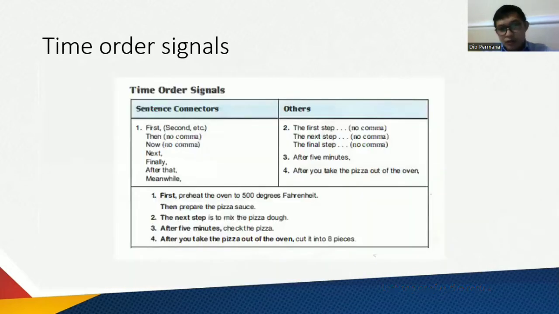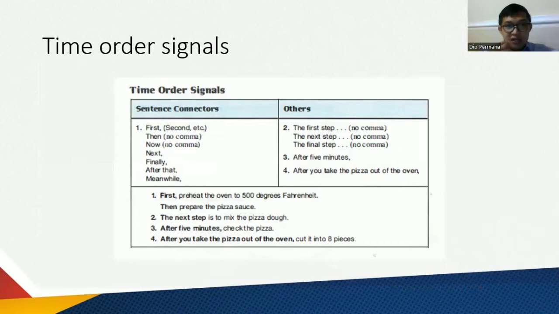In making procedure text, you need to know there are a lot of time order signals that you can use. They are commonly used when we explain something about a procedure or a process, and not only in written paragraphs but also in spoken language.